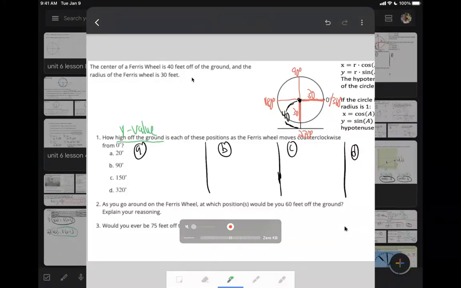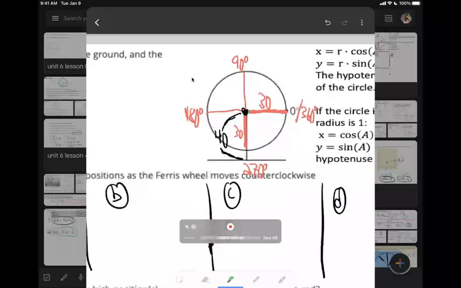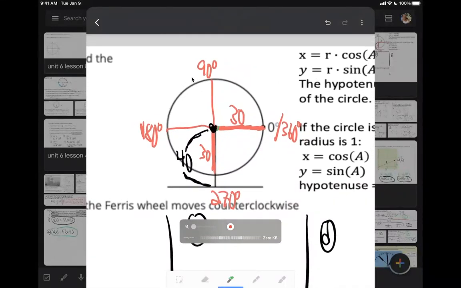Another thing to consider, let me zoom in here on the picture of the Ferris wheel. For one, this is not a unit circle. The radius is not 1, the radius is 30 feet. The other thing to consider is that the center is 40 feet off the ground.